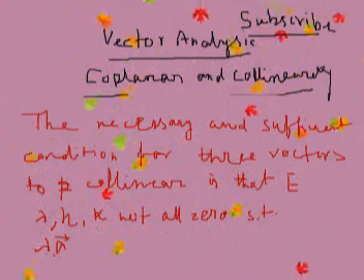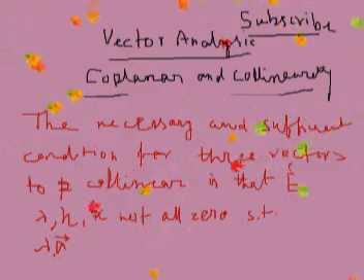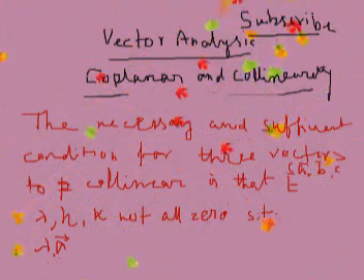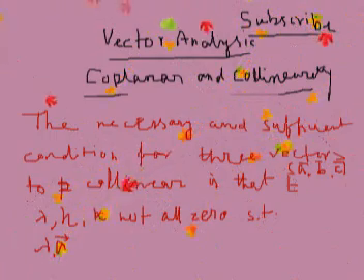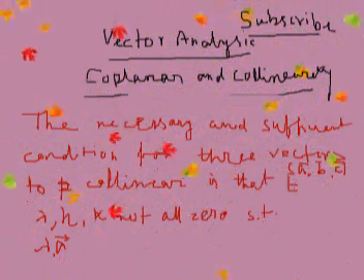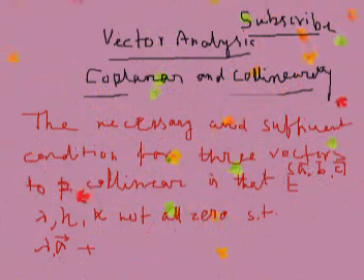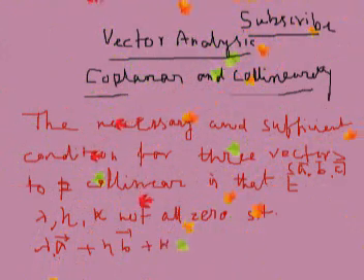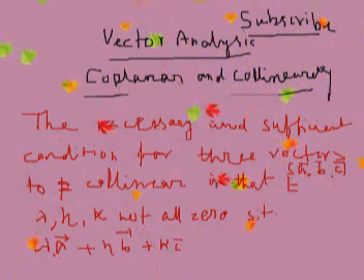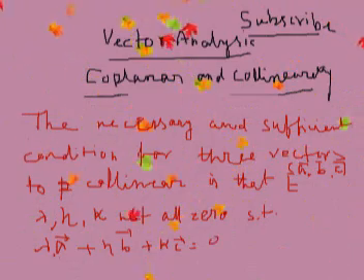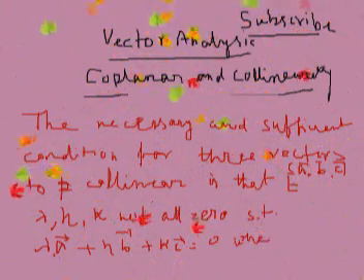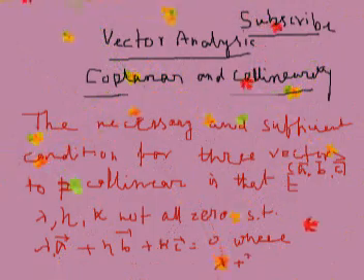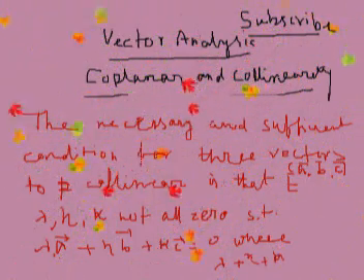I am taking three vectors A, B, and C. They will be collinear if lambda A vector plus eta B vector plus kappa C vector is equal to 0, where the scalars satisfy one more condition, that their sum lambda plus eta plus kappa must be equal to 0.